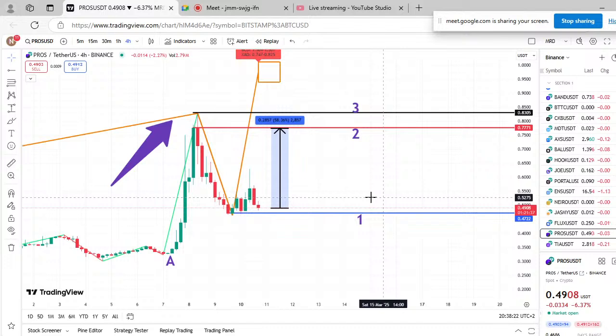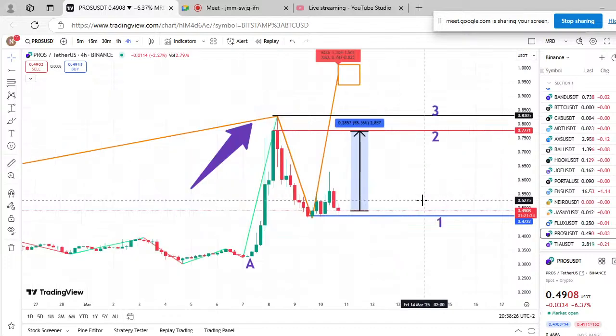I had one coin. I wanted to trade. I made my analysis, but I don't know what happened. My take profit, that weak point, it reached here and it goes down. What happened?